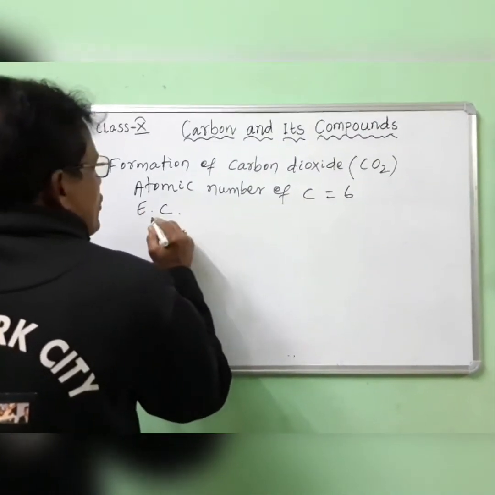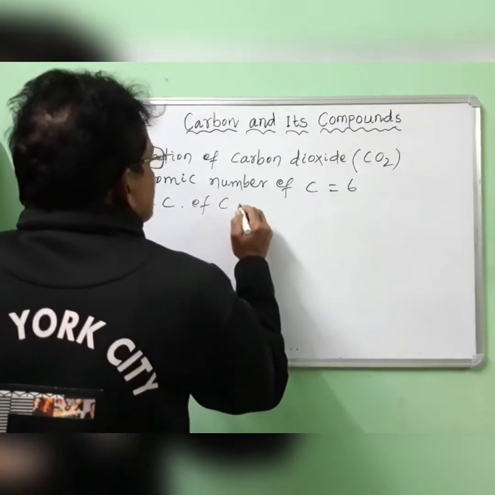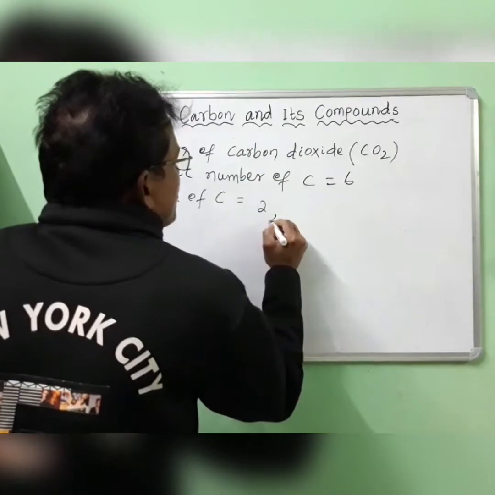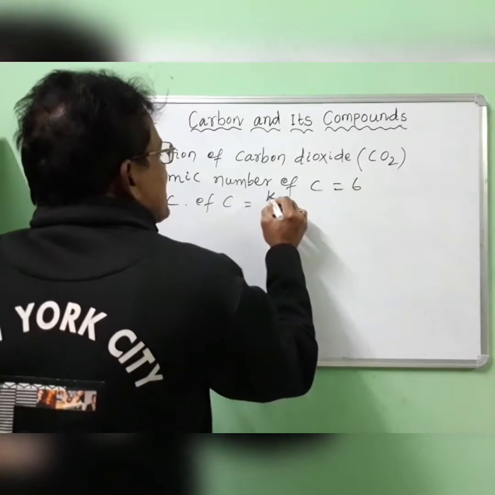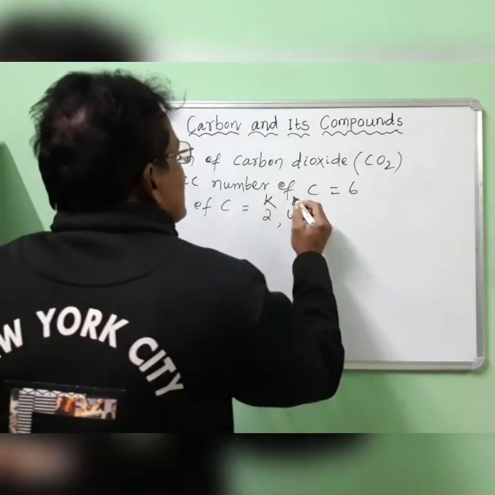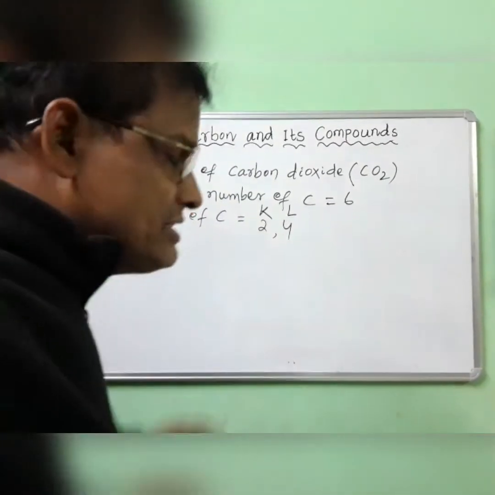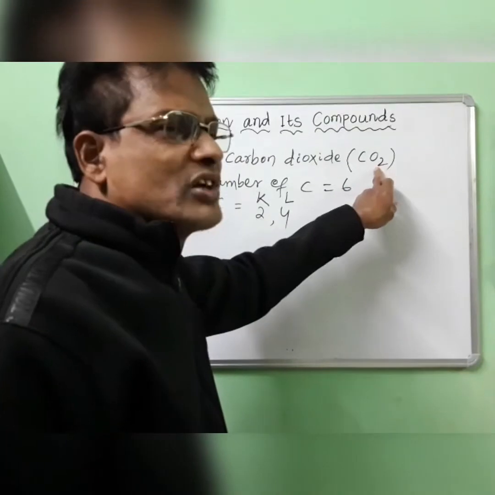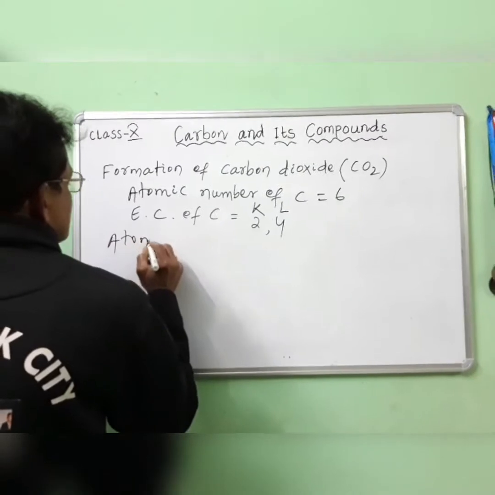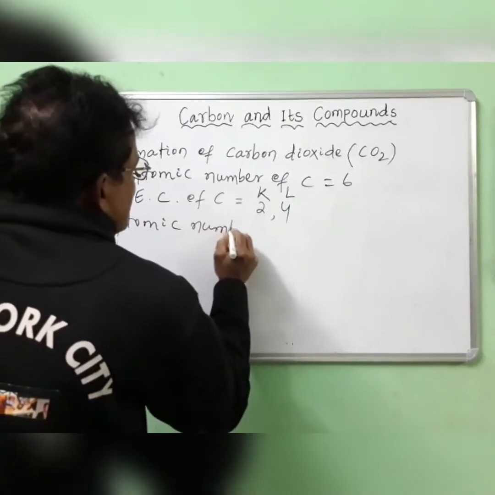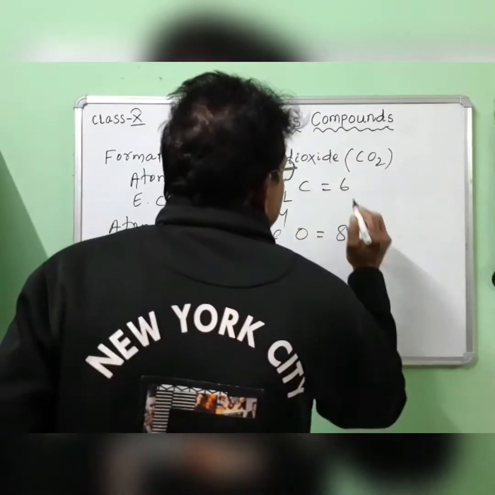Electronic configuration, EC of carbon, is 2, 4. That means it contains 2 electrons in the K shell and 4 electrons in the L shell. Clear? 4 electrons in the L shell. Similarly, the atomic number of oxygen is 8.